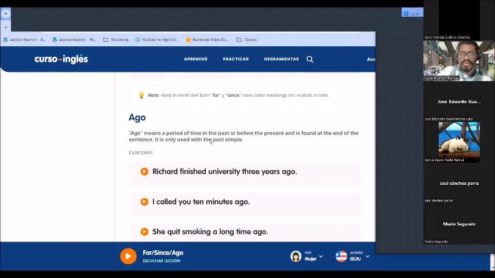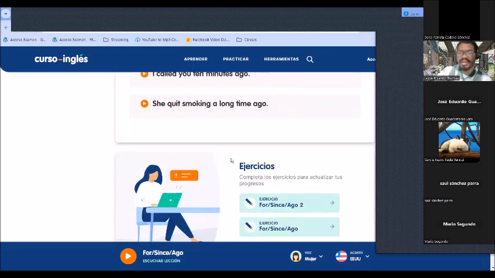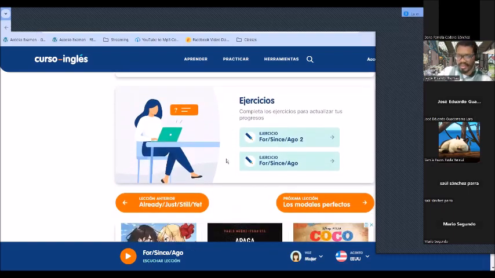We use ago when the time period is far in the past. All right, so 3 years ago, 10 minutes ago, a long time ago. Look out for that because you don't want to mix up the finished event with an event that continues to your present.